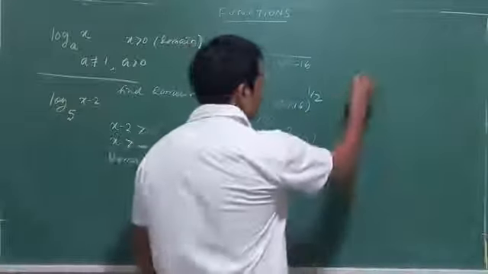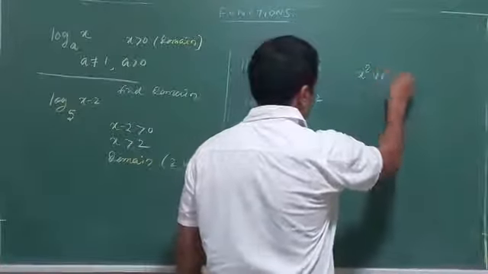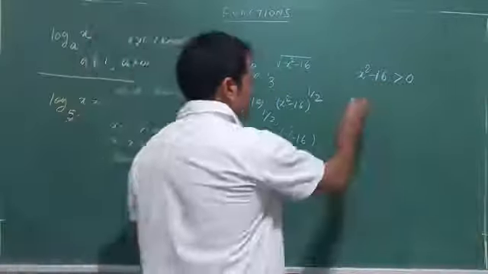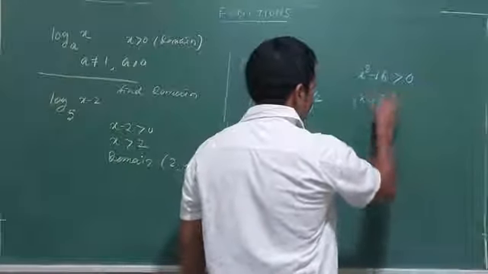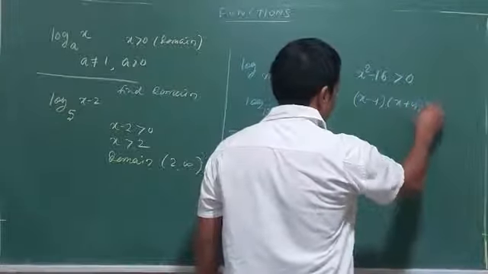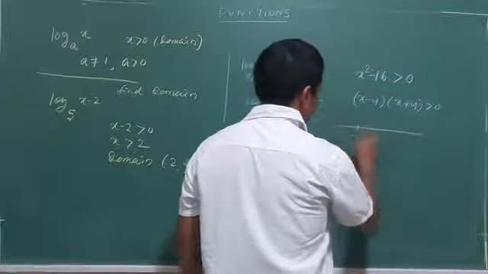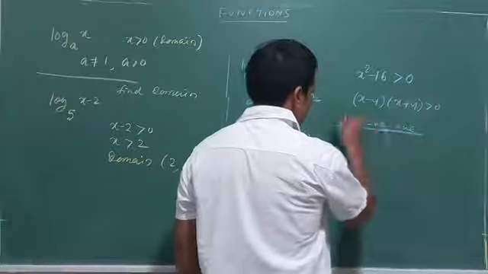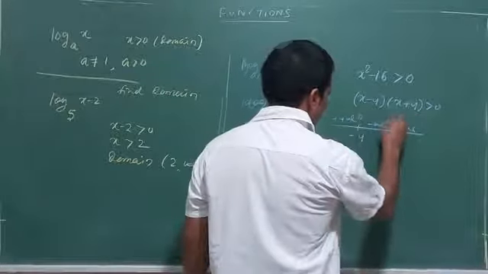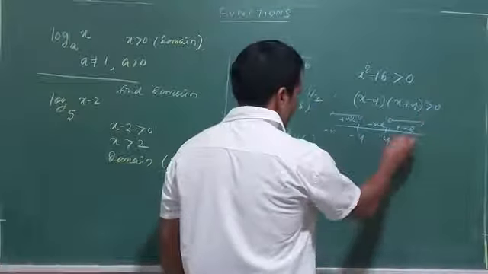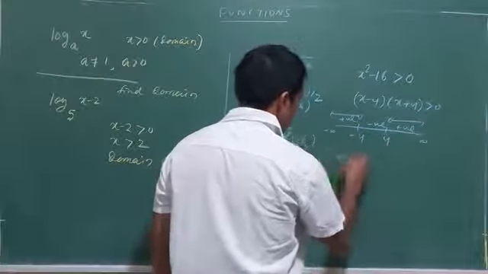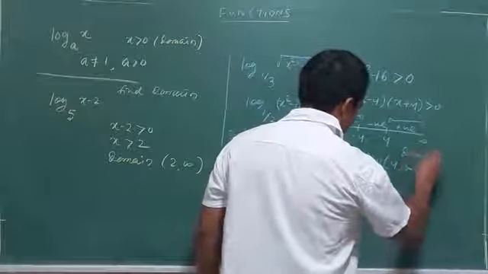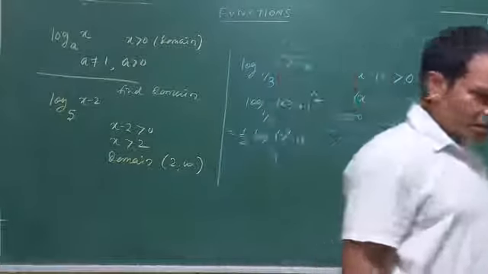So now x square minus 16 must be greater than 0, that is x minus 4 times x plus 4 greater than 0. Going to the number line, with minus 4 and 4, the signs are positive, negative, positive. So the domain is minus infinity to minus 4, union 4 to infinity. Fine. Next question.